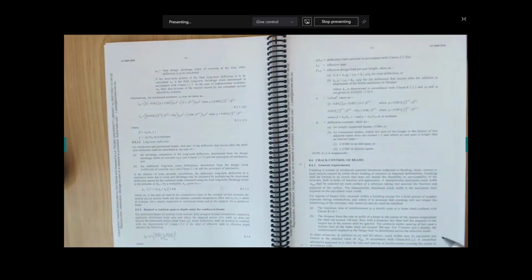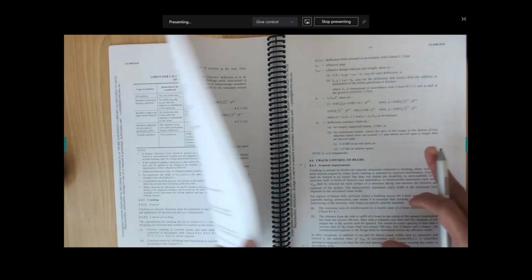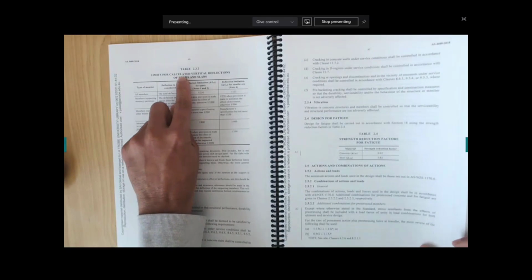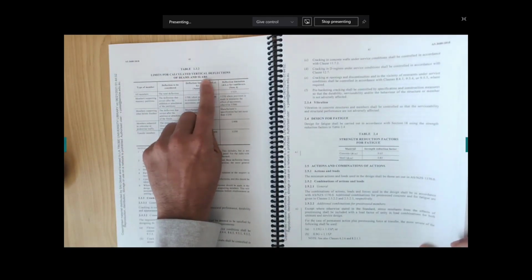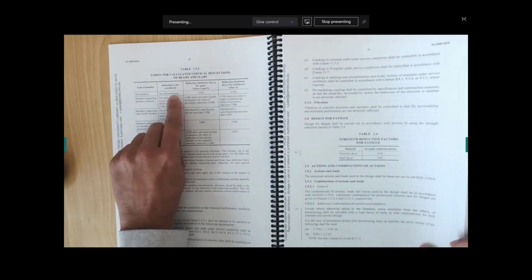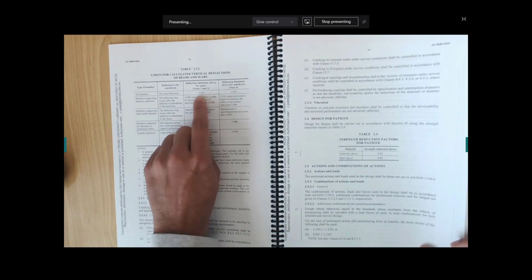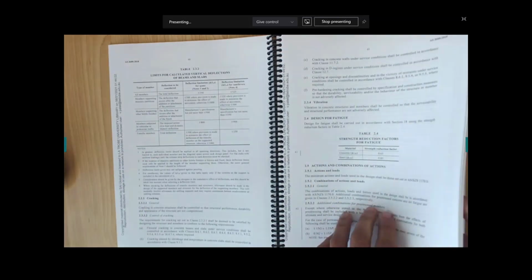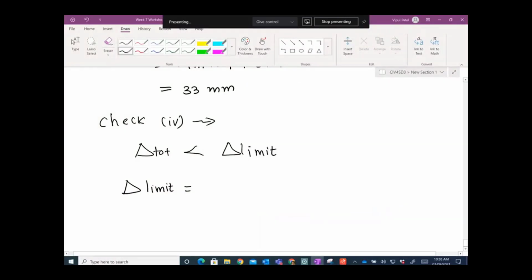If you go to AS3600, you have this limit for calculated vertical deflection of beams and slabs, all members, total deflection, span over 250. So that is your delta limit. Span is 7,000 millimeters over 250, and you will get 28 millimeters.